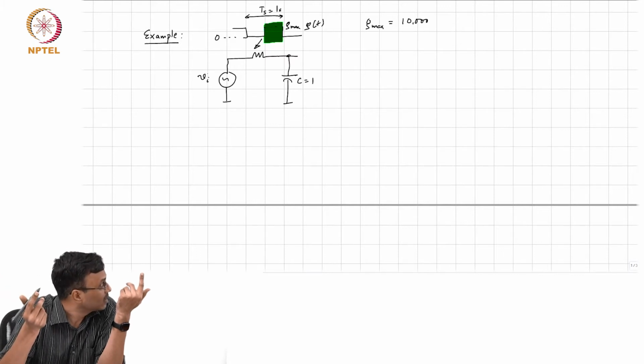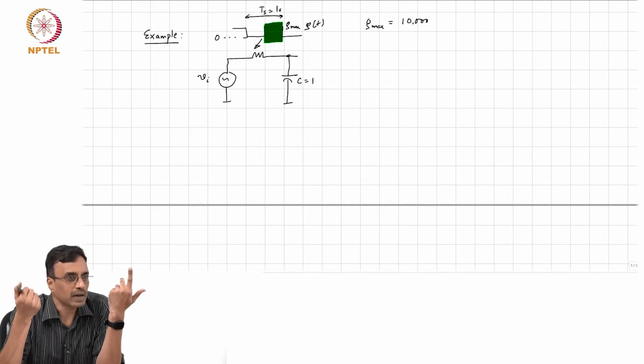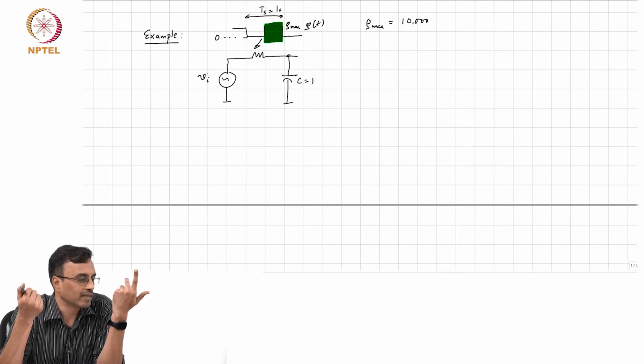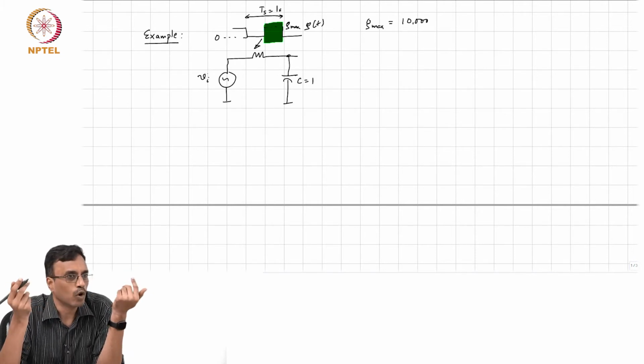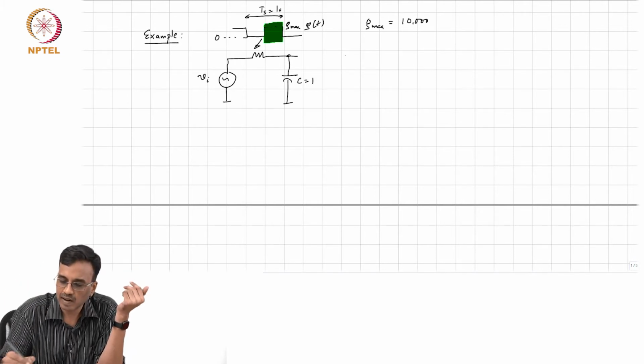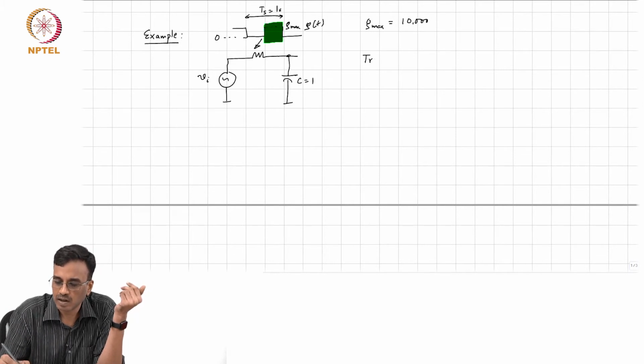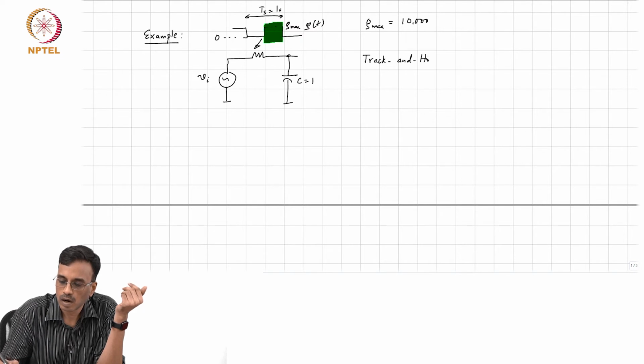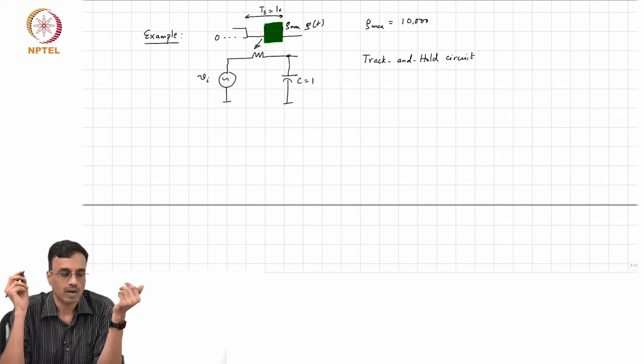And when G is 0, what do you expect? Well, the conductance is 0, so it's an open switch. So, this is an example of what is called a track and hold circuit. Okay. All right.